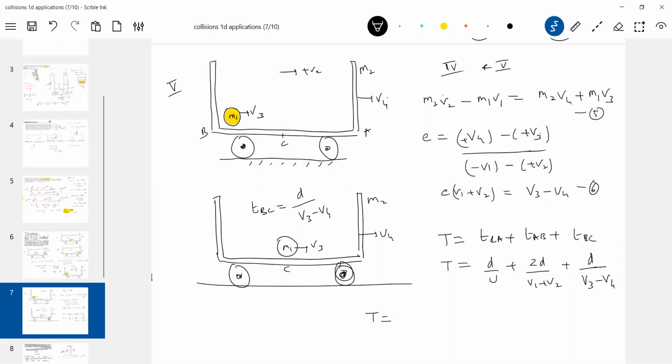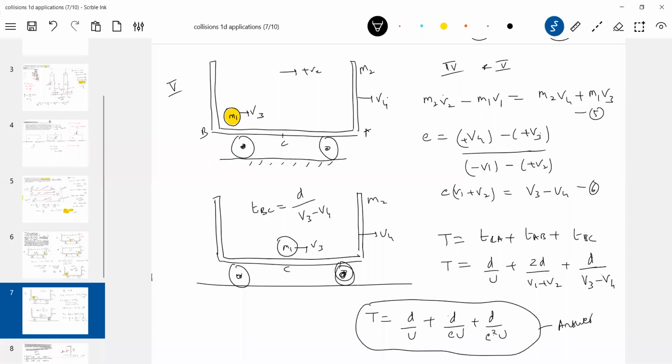The final answer will be D by U, D by eU, D by e squared U. This will be your answer. Do calculate and verify this.